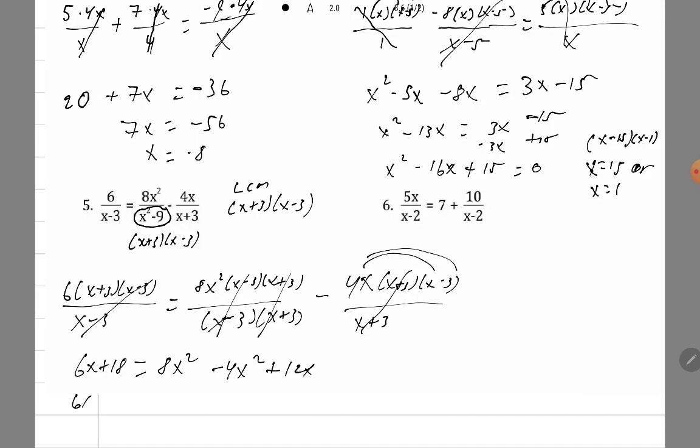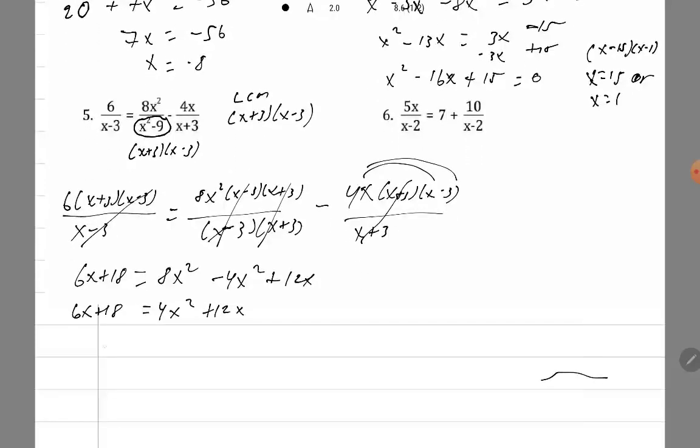So I'm going to get 6x plus 18 equals 4x squared plus 12x. Move things over. I'll get 0 equals 4x squared plus 6x minus 18. I'm going to factor out 2.